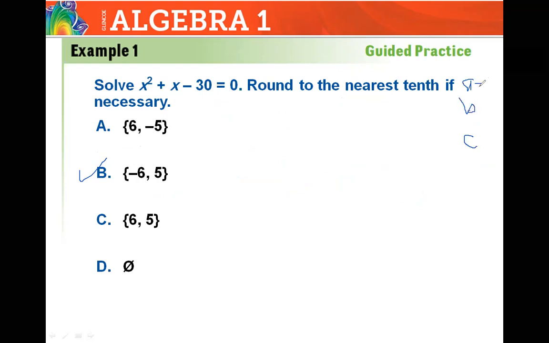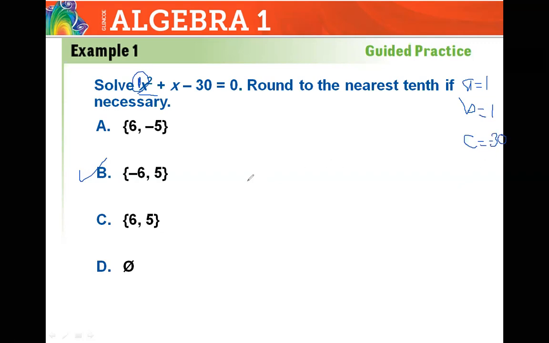A means the coefficient of the x squared. We have 1, Mister. The value of A is 1, the value of B is 1, and the value of C is negative 30. So this is the first step.